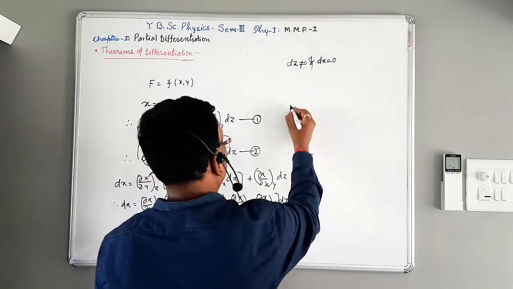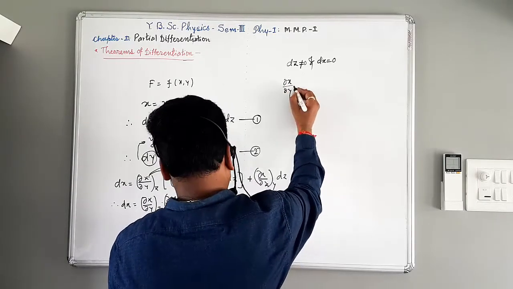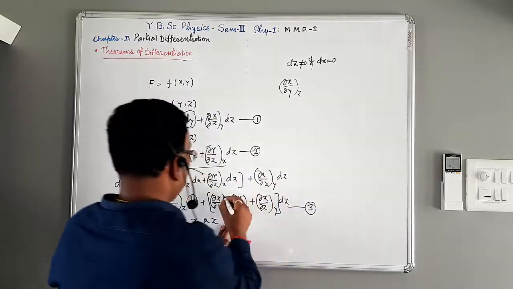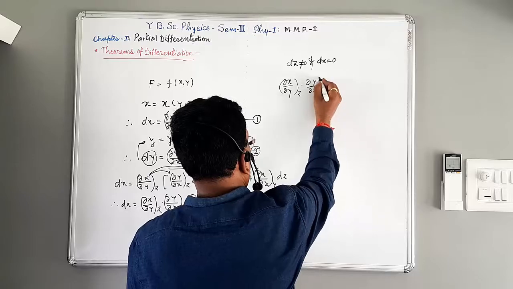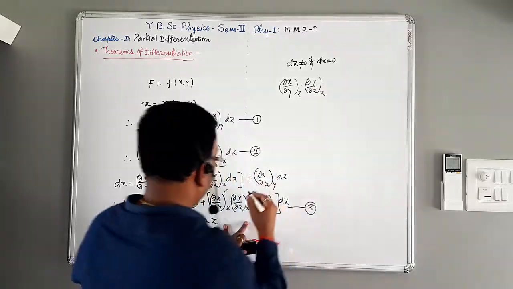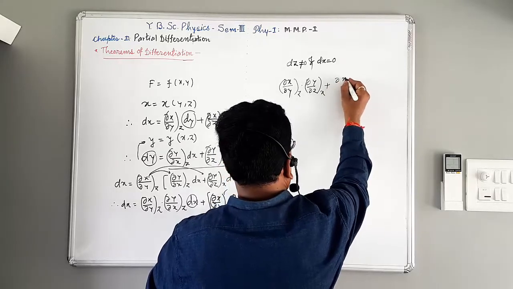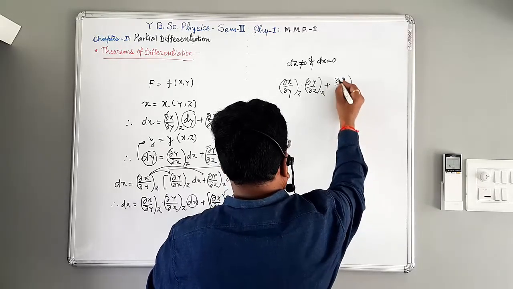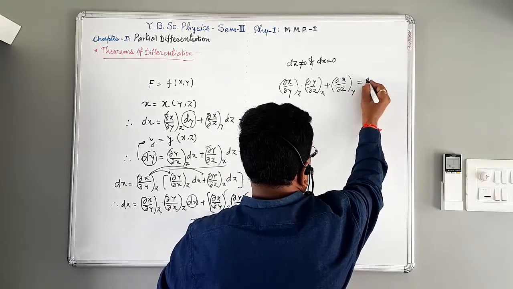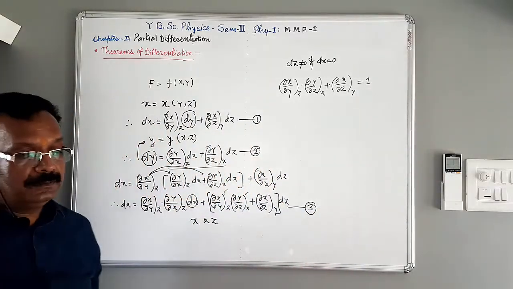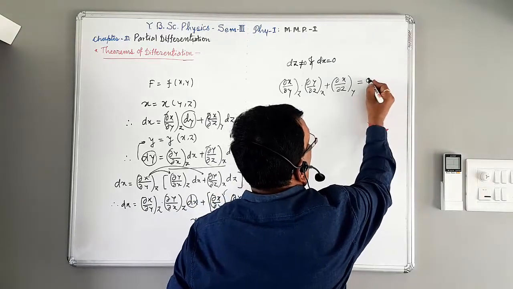From this we can write ∂x/∂y at constant z, into ∂y/∂z at constant x, plus ∂x/∂z at constant y is equal to, sorry, not 1, 0.